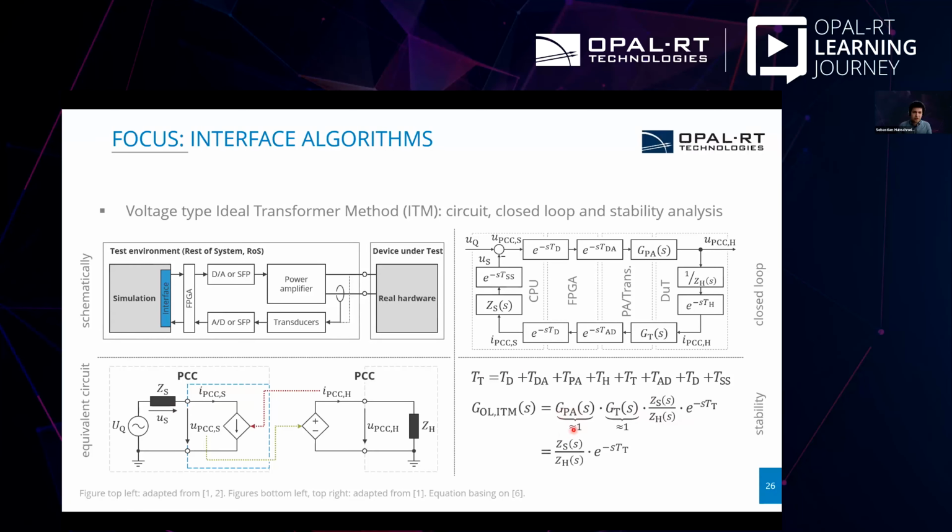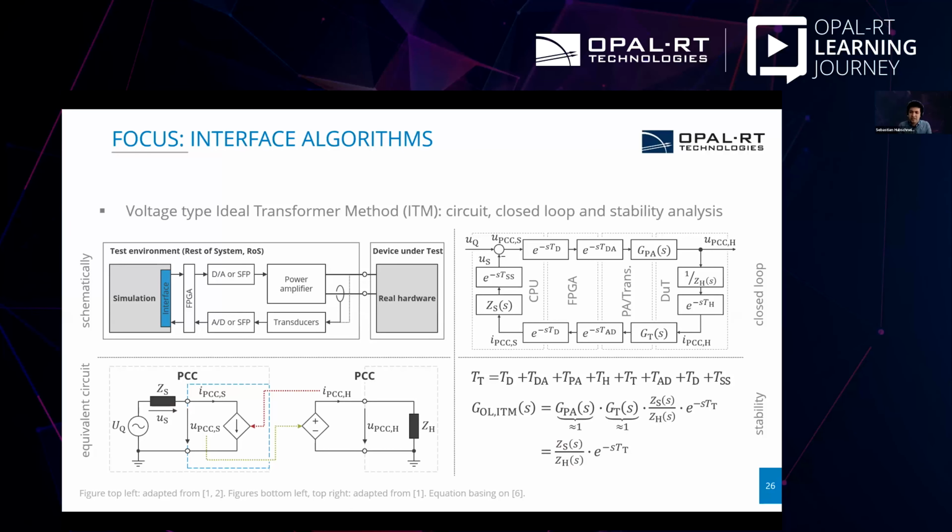And assuming those two as close to ideal, we can reduce our stability condition to the ratio between those two impedances, the simulated and the hardware one, and the delay time. Now, this obviously is only true for the given interface algorithm, the ideal transformer method.